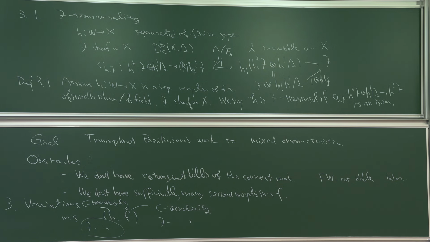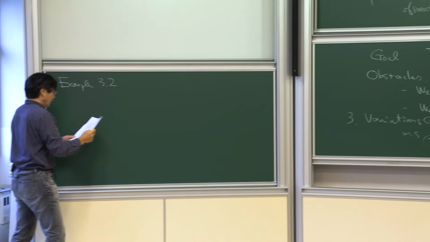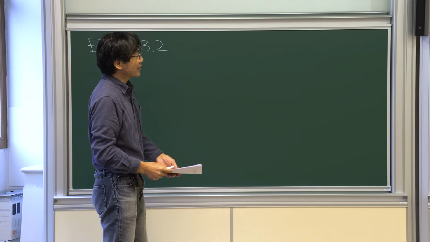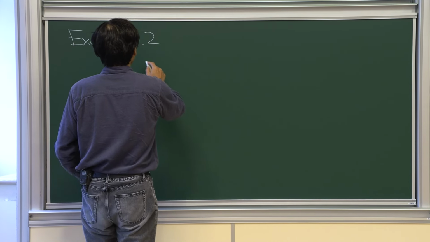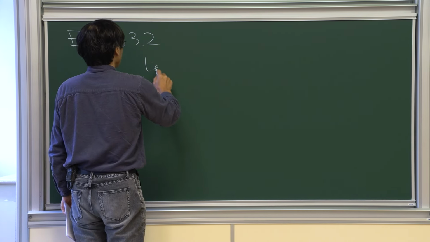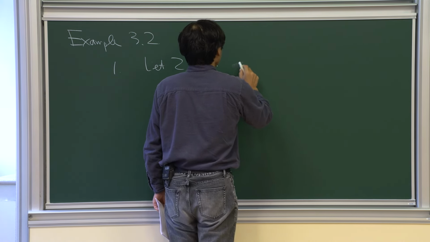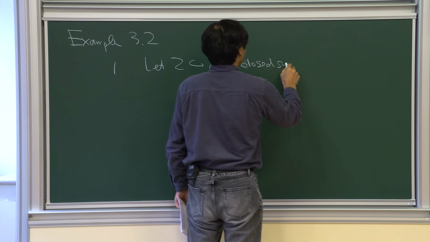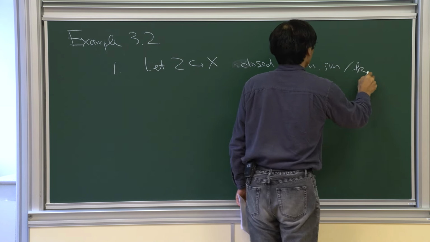Okay, so examples. We have a property corresponding to C-transversality. Let i: G be a smooth closed subscheme, smooth over k.